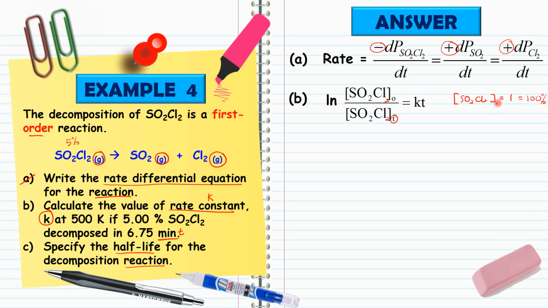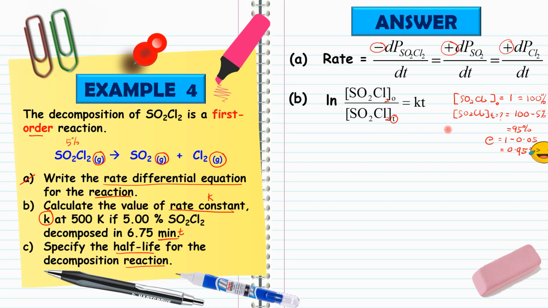For the concentration of SO2Cl2 at t that we want to find out, we need the balance. So 100 minus 5% gives 95%, or you can also calculate 1 minus 0.05, which is 0.95.